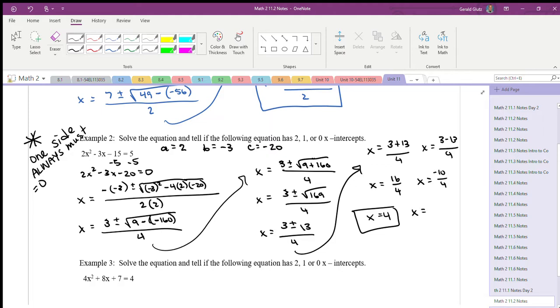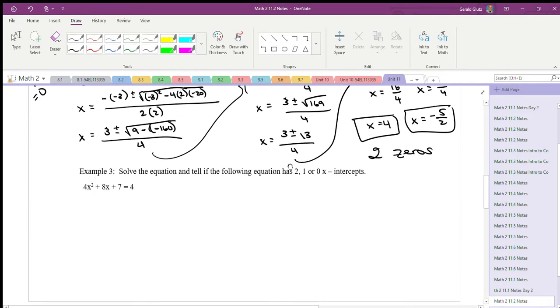And the other one, if I reduce this fraction, I would get negative 5 over 2 because 2 goes into both of these numbers. Or if you wanted to put negative 2.5, that's fine. So these are our 2 roots, our 2 zeros. So there are 2 zeros in this function.